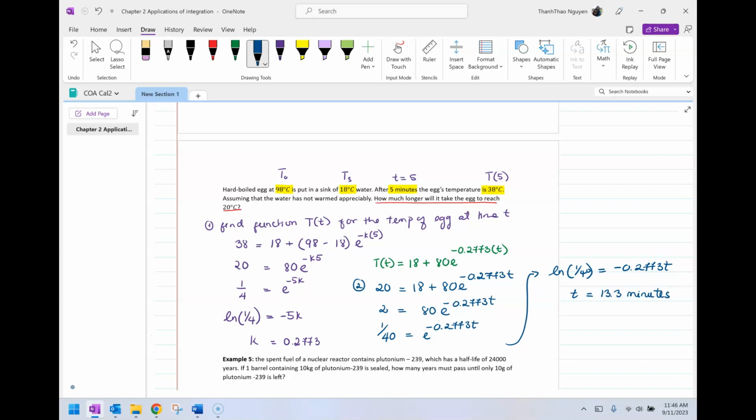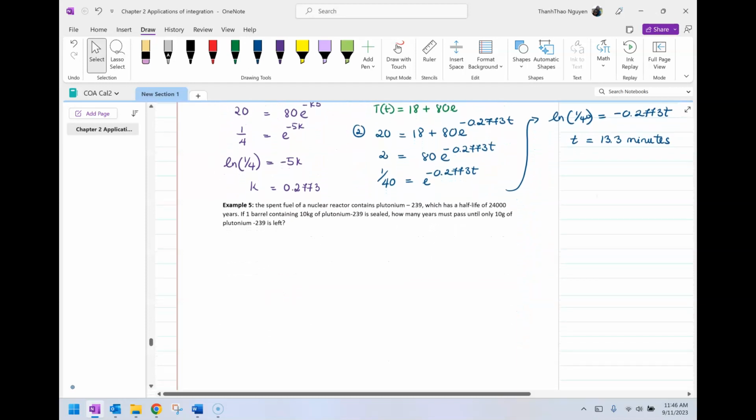So when the egg at 98 degrees Celsius is put into a sink of 18 degrees Celsius water, you will have to wait for 13 minutes so that the egg will reach a 20-degree temperature.